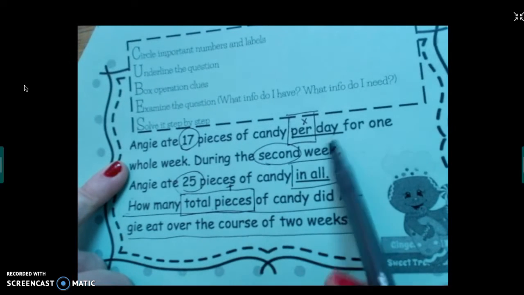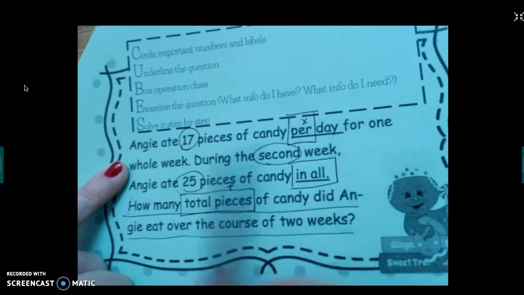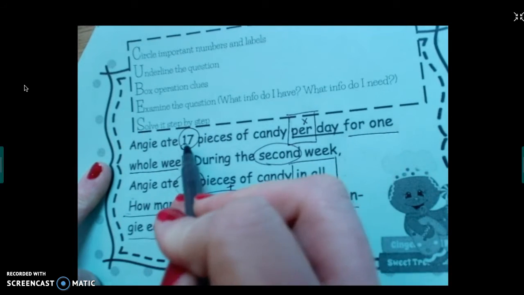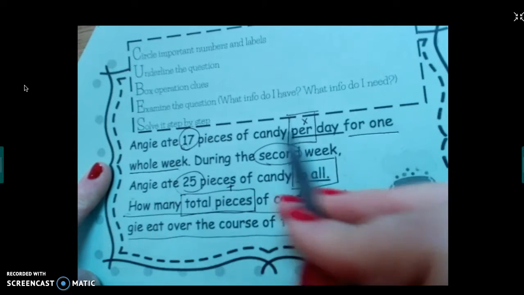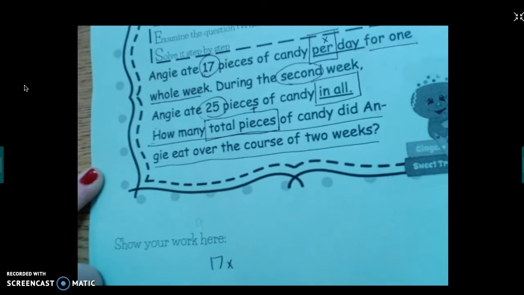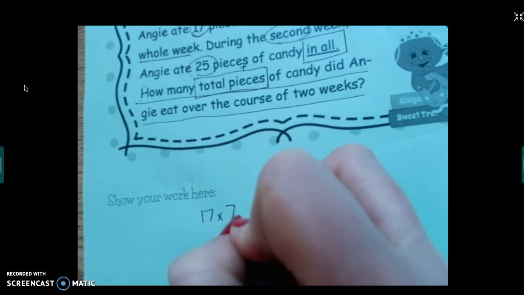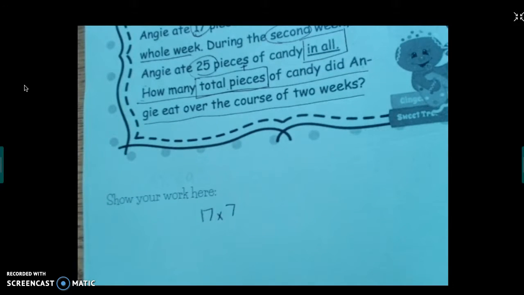We need to know how many total pieces she ate. So step by step, the first thing we're going to do is figure out how many pieces she ate for the 1st week. Okay, and we know that she ate 17 pieces per day. So we're going to take 17 times 1 week, which we know is 7 days.